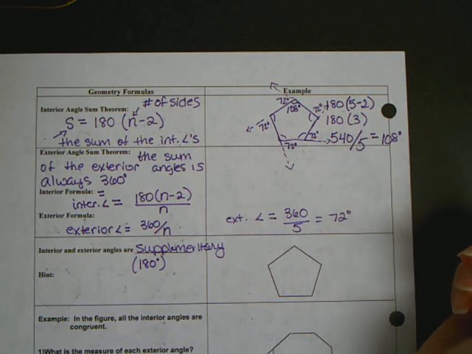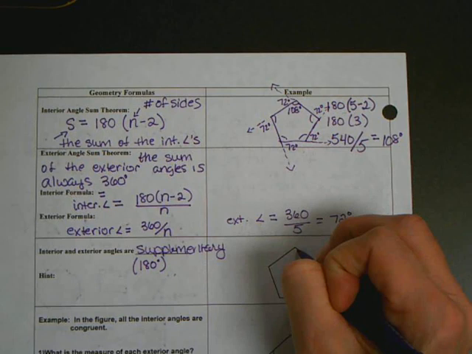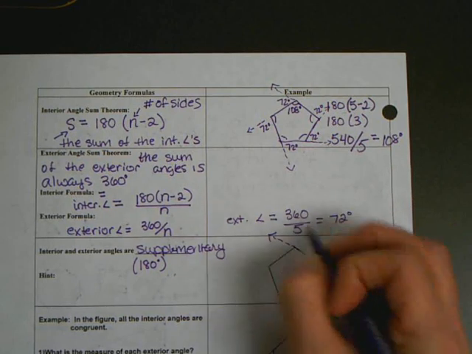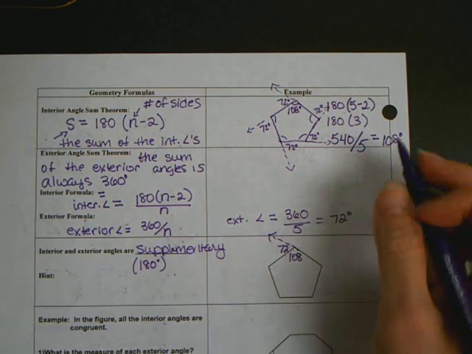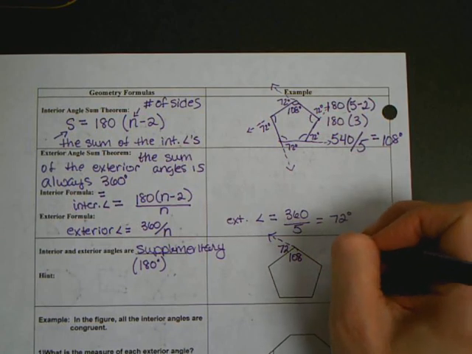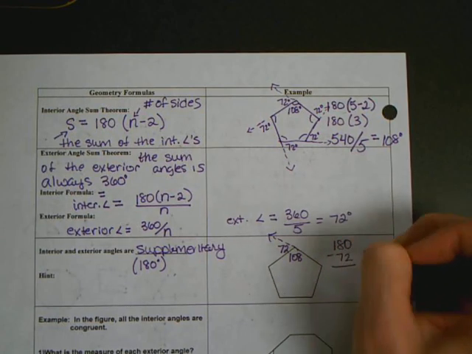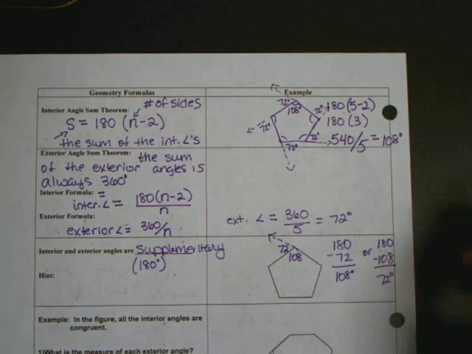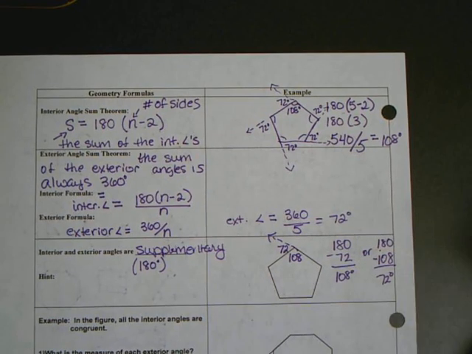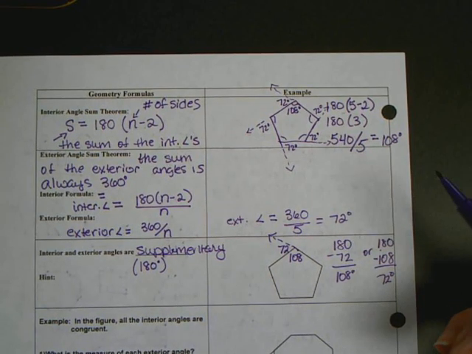Okay? So with that little hint, 72 and 108, we could have 180 minus 72, that gives us 108, or 180 minus 108 gives us 72. So we can go either way. If we know an interior, it's easy to find an exterior, and vice versa.